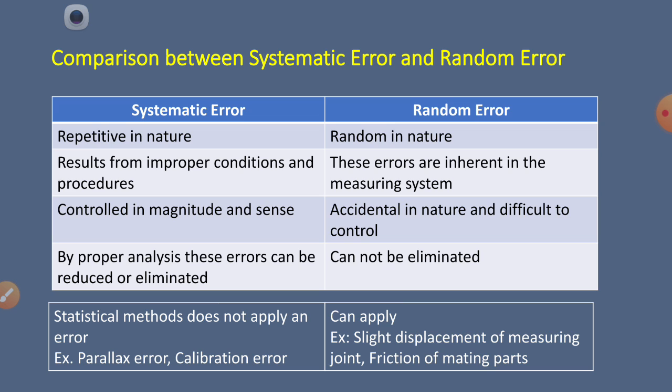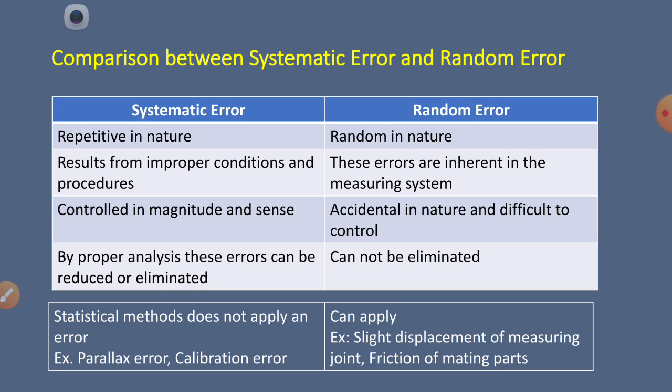By proper analysis, systematic errors can be reduced and eliminated. But random errors we cannot eliminate. Statistical methods do not apply to systematic error, but they can be applied to random errors, theoretically. Good examples of systematic errors are parallax errors and calibration errors.